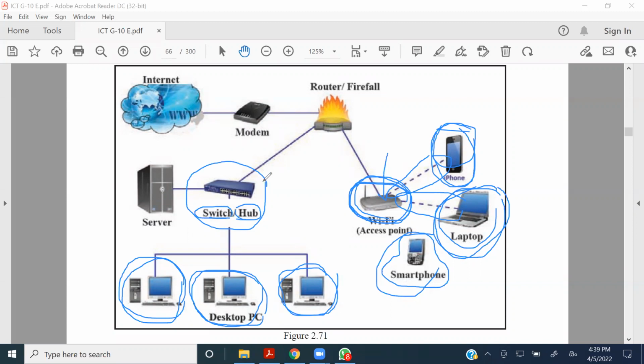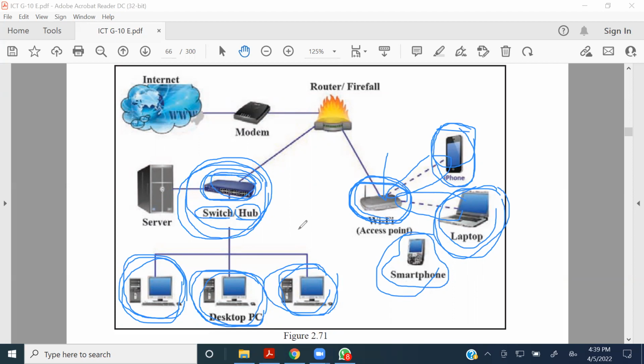So anyhow, it doesn't matter whether it is a switch or a hub, that helps to connect a number of devices. It can be a computer, it can be a printer, it can be a scanner, right? Different kinds of devices using one single central device, right?